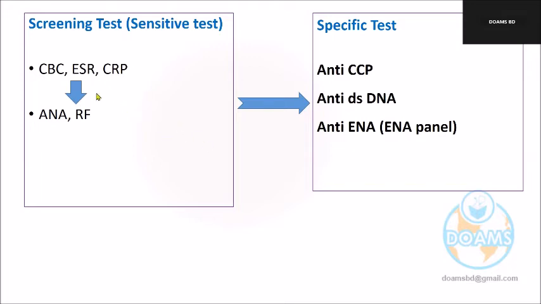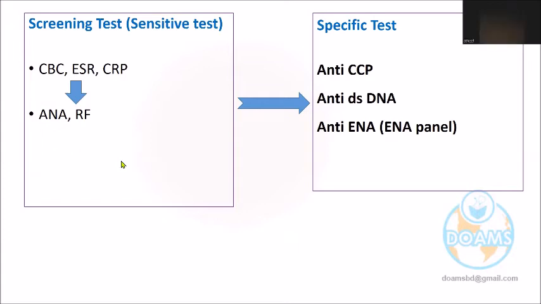Now I am going back and starting in a different way. You are thinking the patient has joint disease in the hands. You are confused whether the hand joint problem may be SLE or maybe rheumatoid arthritis. Then what will you do? You will do CBC, ESR, CRP plus ANA plus rheumatoid factor, minimum. Understand?